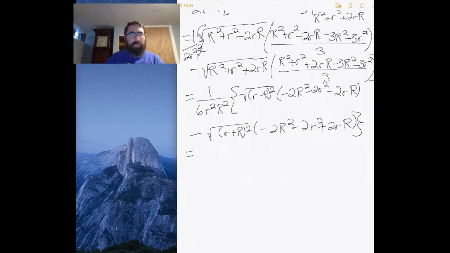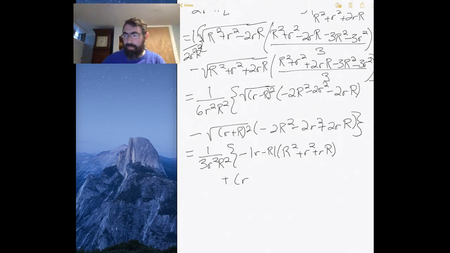Okay, so now when we put those all together, what do we have? We have 1 over 3 little r squared, big R squared, times the quantity minus the absolute value of the difference in the r's, times R squared plus little r squared plus rR, plus the sum of the r's, times R squared plus little r squared minus rR.